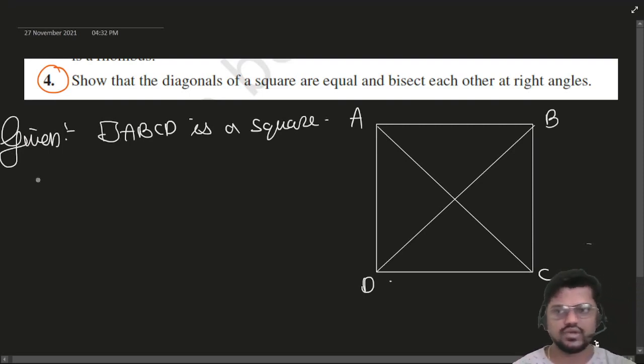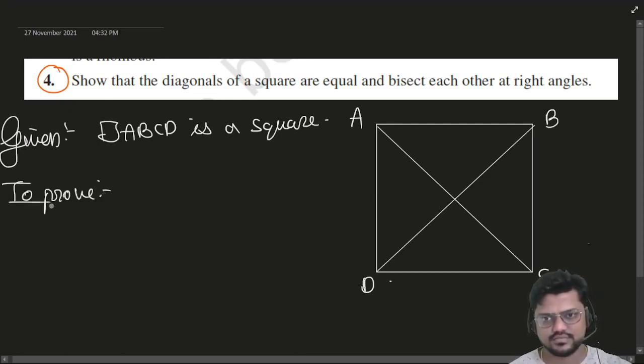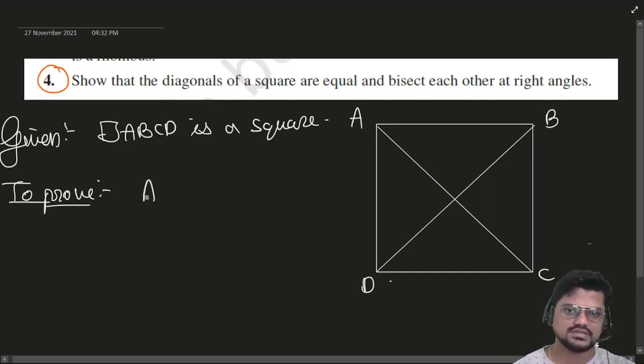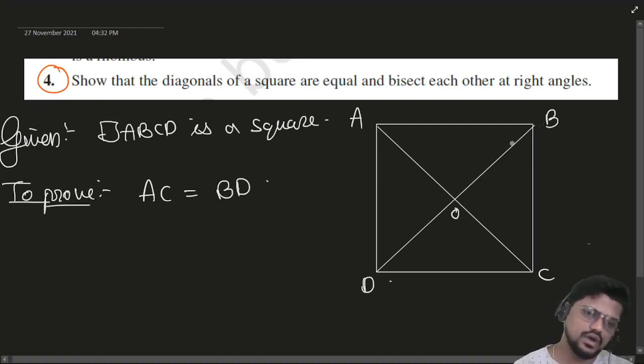That's it. And what do you have to prove? First of all, the diagonals are equal, that is, AC equals BD. The other thing you have to prove is that they bisect each other at right angles. That means angle AOB, or any one angle, is 90 degrees, or AO is perpendicular to BD.